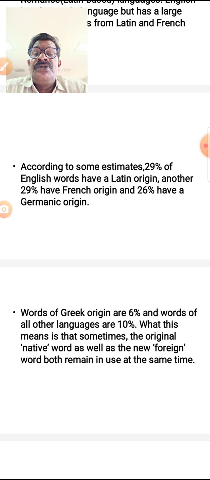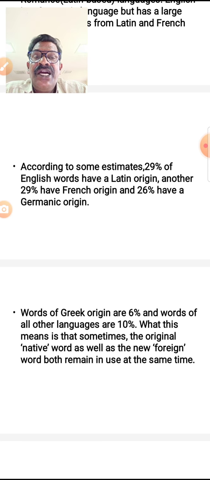That means they have been borrowed from the Latin language. Another 29% have French origin. And 26% have a Germanic origin.